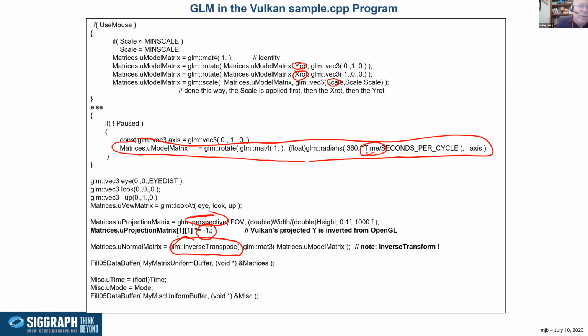And so now we filled this matrices struct, and we go fill the data buffer with those values. So that's how we fill the matrices and get them over to the shader as uniform variables.